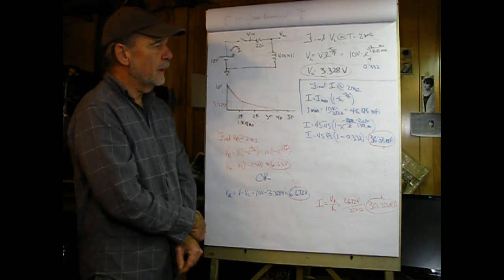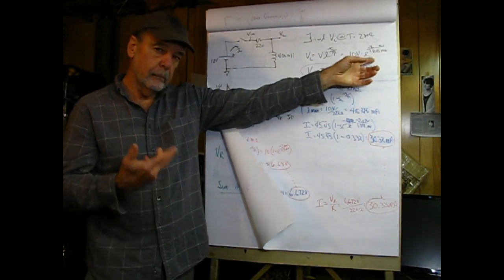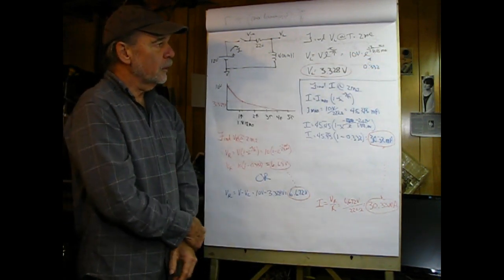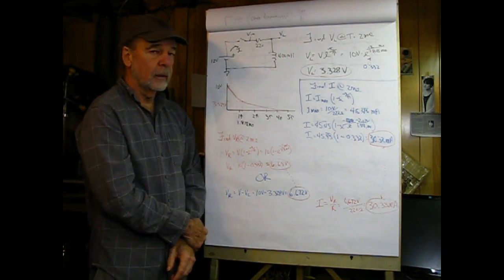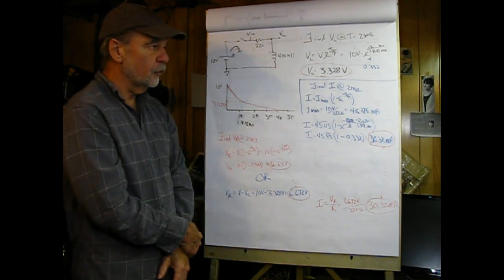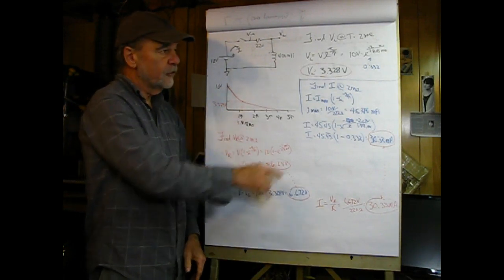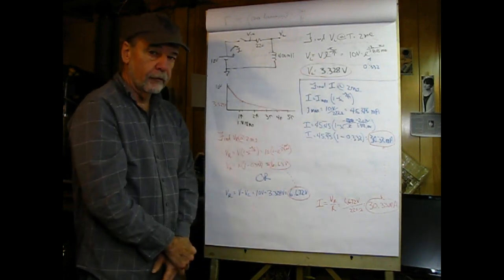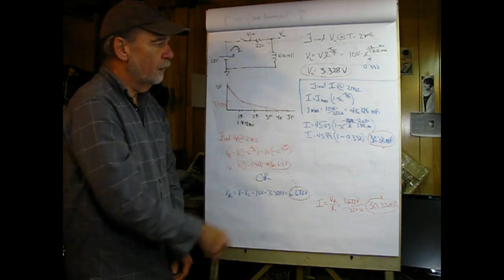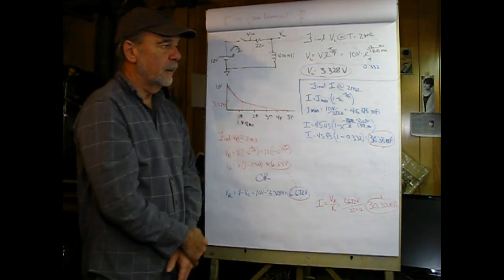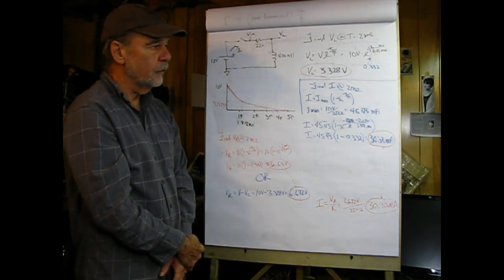So let's see here. We know we have a time constant from the previous example of 1.818 milliseconds. Let's work a problem to find the voltage across the inductor at t, rather, not tau, t equals 2 milliseconds. Since this is a decaying exponential, we would use the decaying formula. That would be V inductor equals the source voltage times e raised to, guess what, negative t over tau, same as capacitors.